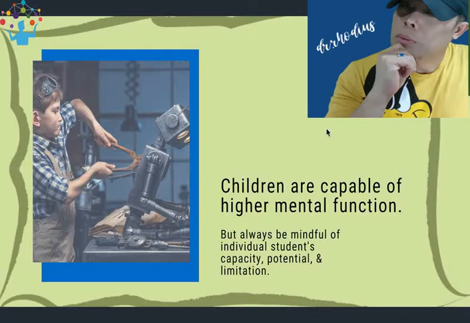So even if we are looking into providing children a more sophisticated goal, we also have to remember that each child in the classroom has their own unique capacity, potential, and limitation. Remember, we have been talking about that in the previous module.